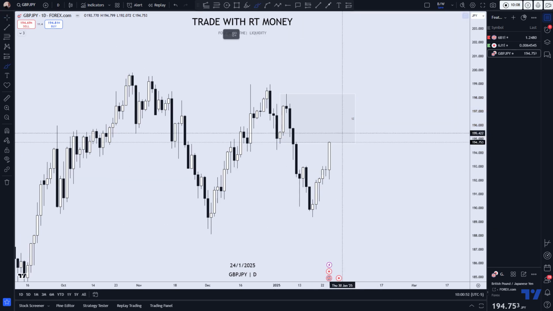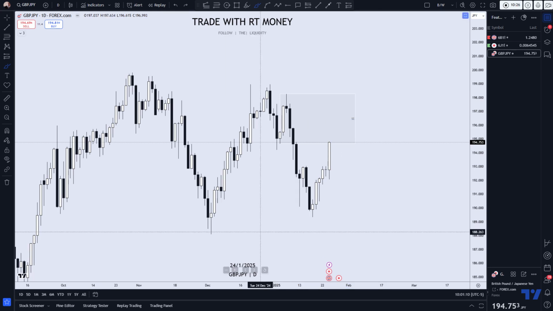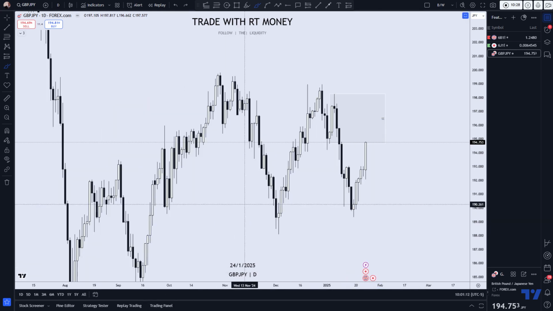But because of the bullishness, I'm thinking we may see a reaction into a bullish fair value gap, and then price continuing higher into the consequent encroachment of the order block. I think there is more bullishness shown here with the pound against the yen than the opposite. So I am leaning bullish.